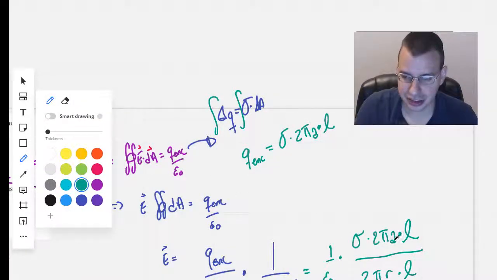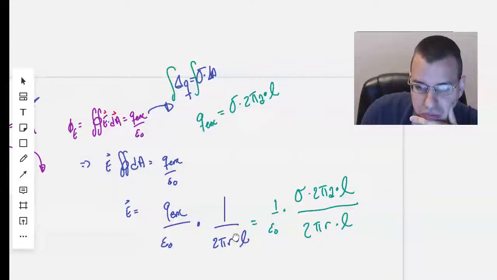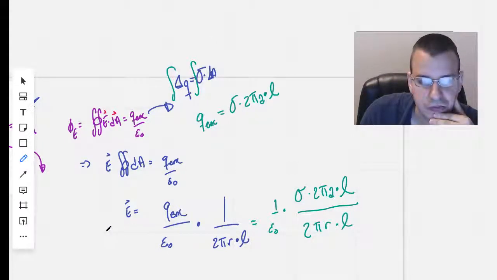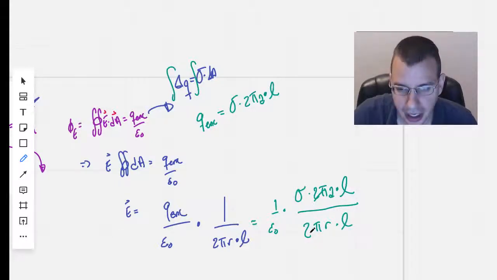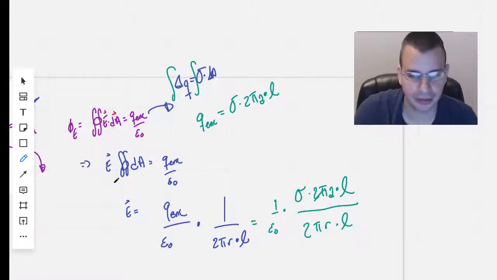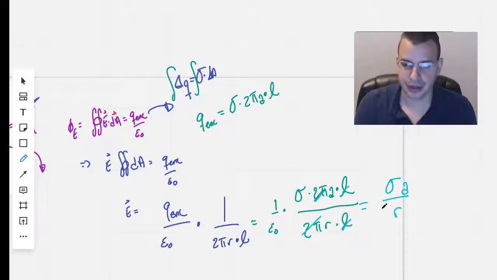Do some canceling. 2 pi L over L, and we're left with sigma A over r epsilon naught.